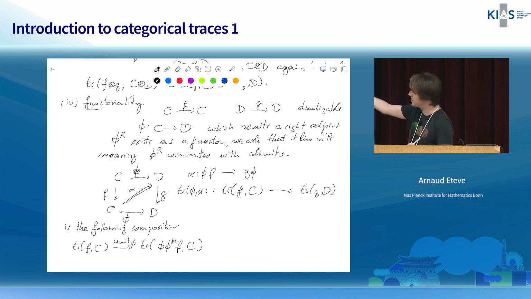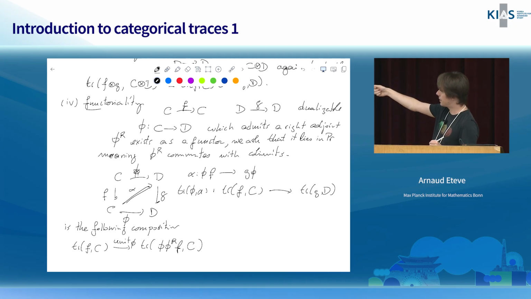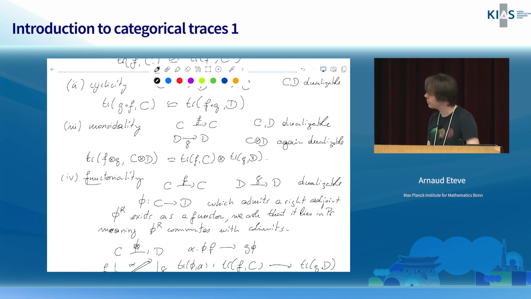We can only take the trace of a morphism that's inside of the category. And so if phi R was not in the category, this first trace here wouldn't make sense.